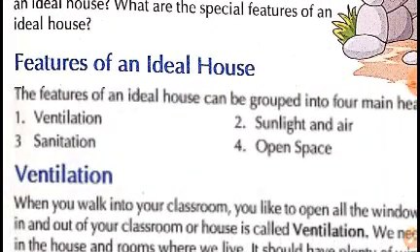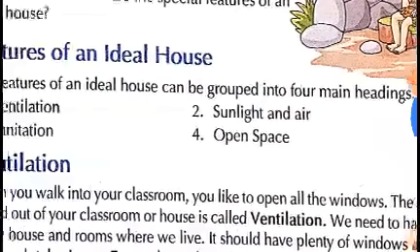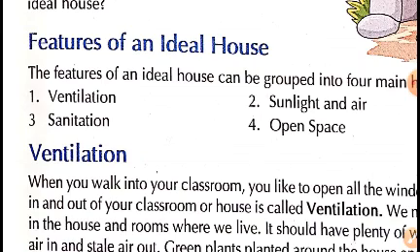The features of an ideal house can be grouped into 4 main headings, that is ventilation, sunlight and air, sanitation, and open space.